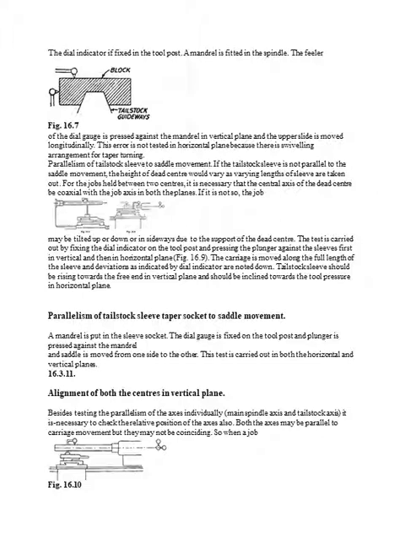Similarly, the dial gauge is fitted on a dial indicator stand fixed on the carriage or saddle, making contact with the tailstock spindle. A mandrel is put in the sleeve socket, the dial gauge is fixed on the tool post, the plunger is pressed against the mandrel, and the saddle is moved from one side to the other. This is carried out in horizontal and vertical planes. Like that we can calculate the parallelism of the tailstock.